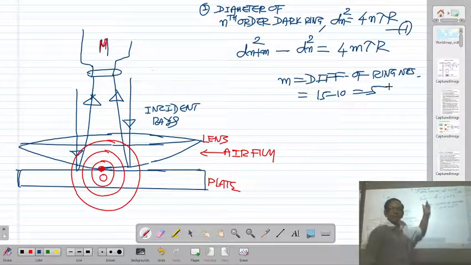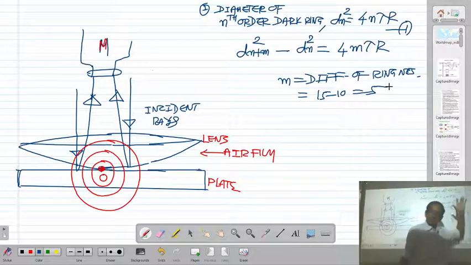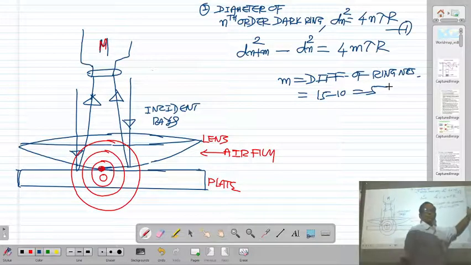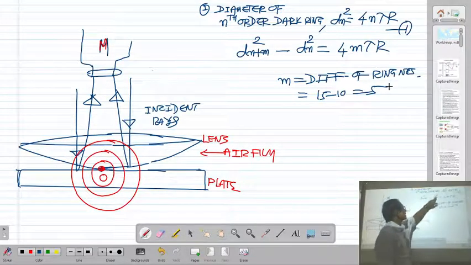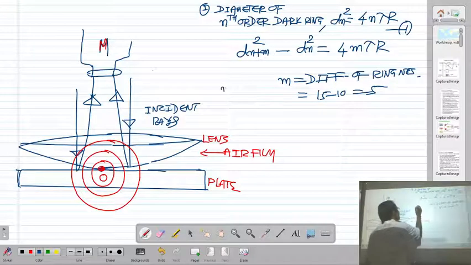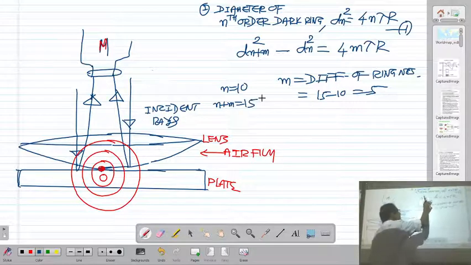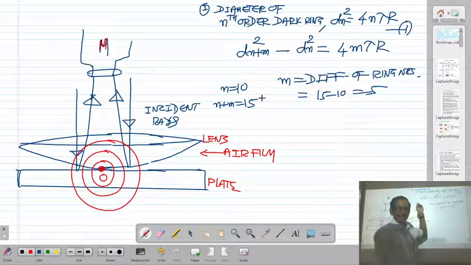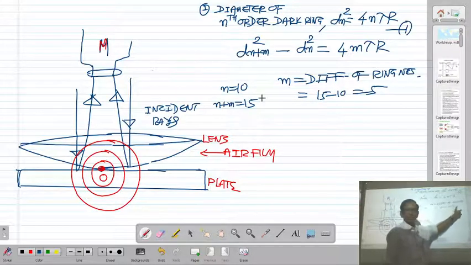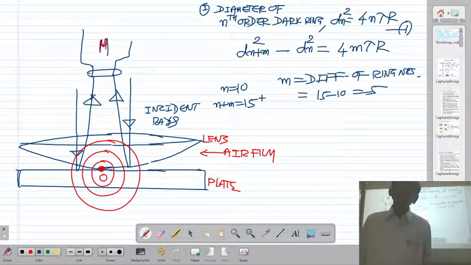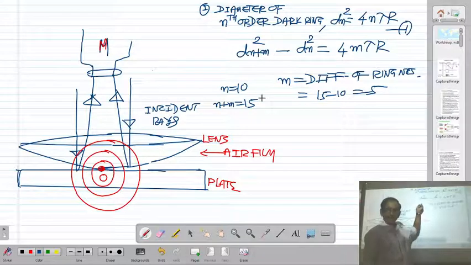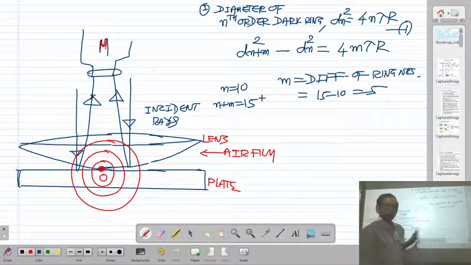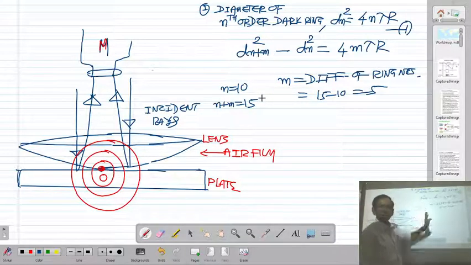So m is not the number of the ring, not the order of the ring, but the difference of the order of the rings. If you measure the diameter of the 10th and 15th rings, the difference of these two ring numbers is 15 minus 10, that is 5.